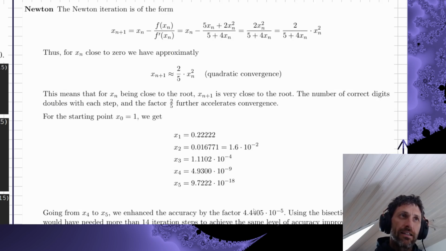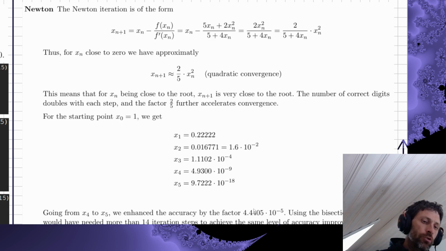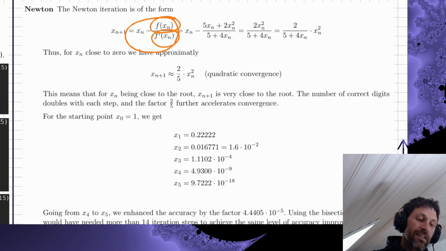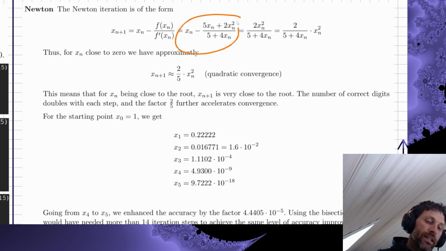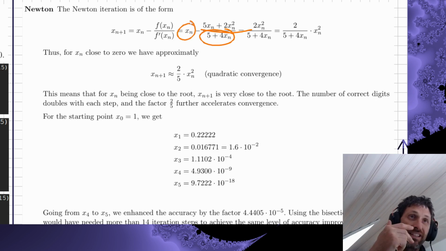Let's analyze Newton. Newton is of that form, and for our specific f of x and f prime of x, we can write the Newton iteration that way. So the denominator is that one. Let's expand that part and bring it to the same denominator. Please do that.